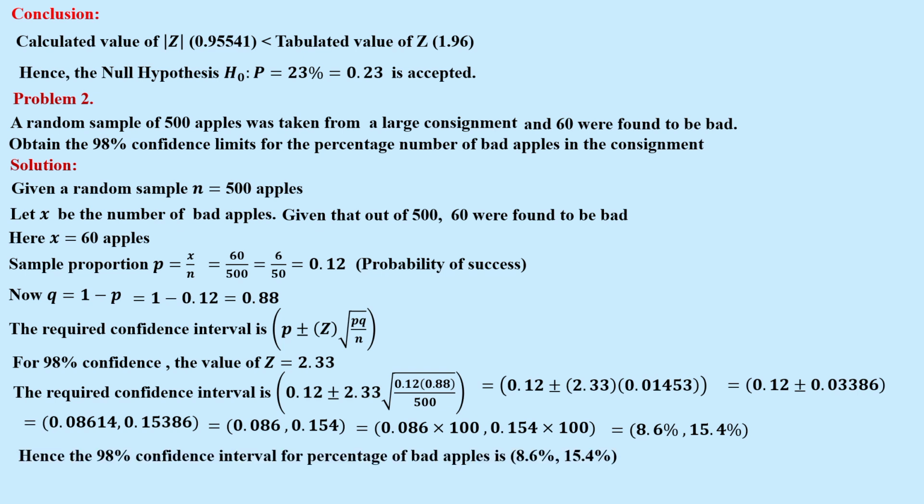So bad apples out of 500, at least should be 8.6%. Maximum bad apple should be 15.4% in that lot. If you are taking any lot, this is the confidence interval, right?